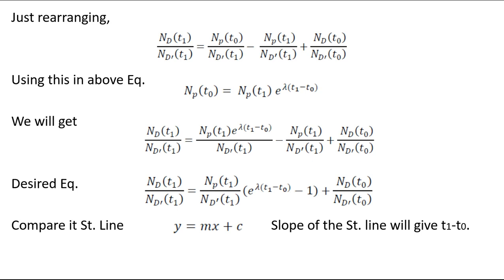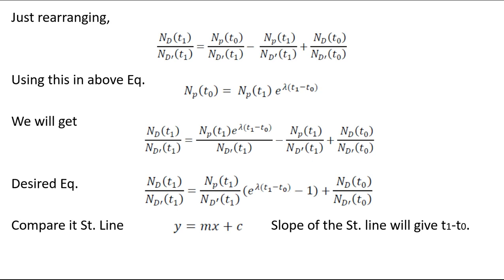The thing we want to determine is t1 minus t0, the time elapsed, the age of the sample. If we compare this desired equation with a straight line, we can see that x is Np(t1) over Nd'(t1), y is Nd(t1) over Nd'(t1), the slope m is equal to exponential minus 1, and c is the constant.